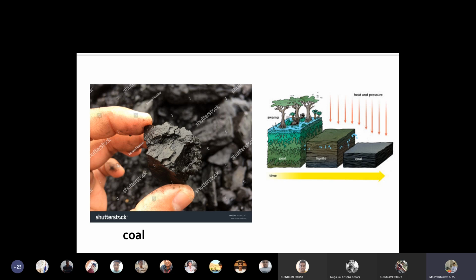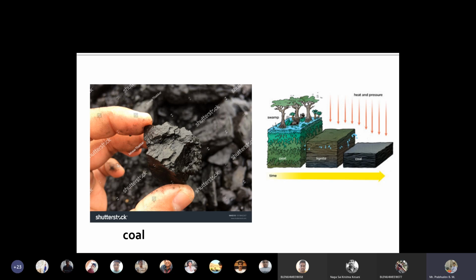These are the plants that eventually get buried under the earth because of geographical activities. So due to this, the pressure increases, and the earth's crust also has some temperature, and that will heat up this material. Because of this, slowly it gets converted into a fossil fuel.